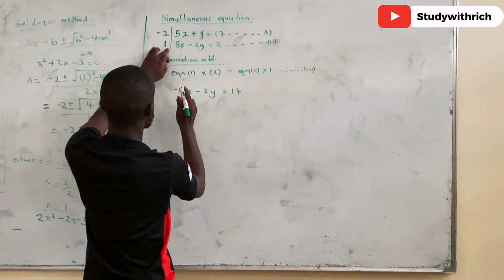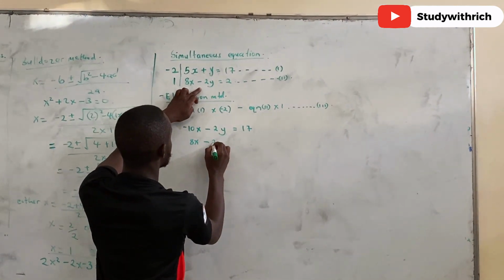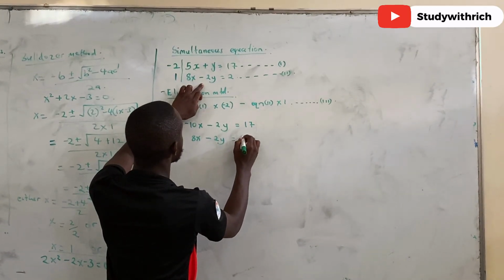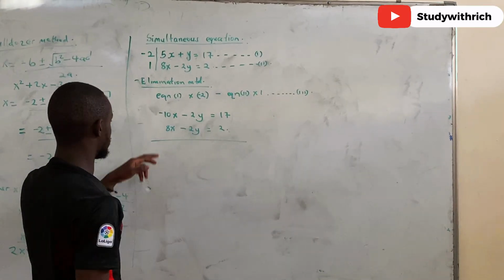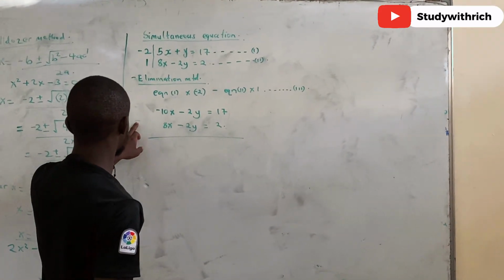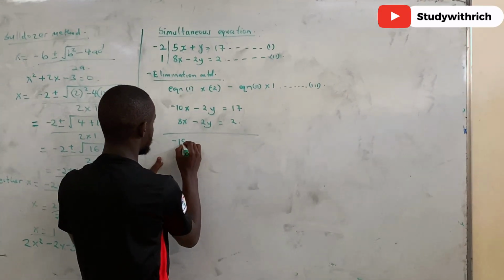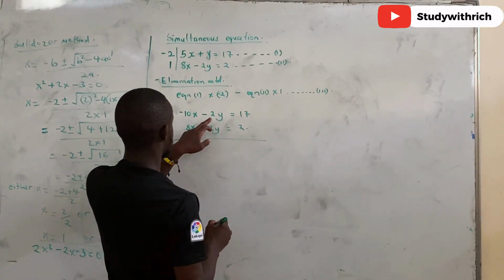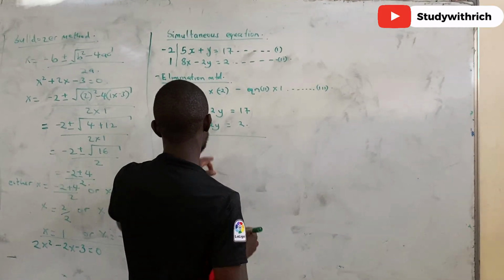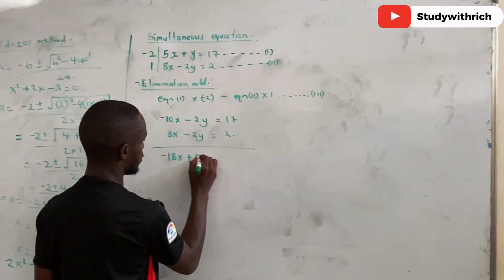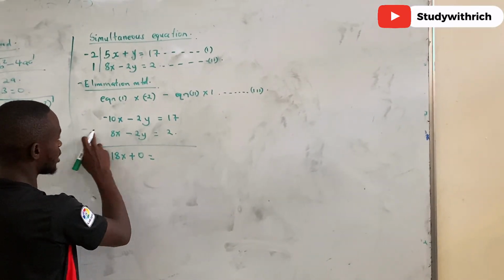Then this times 1 will be 8x minus 2y is equal to 2. When you subtract these two equations, negative 10x minus 8x will be negative 18x. Negative 2y minus negative 2y will be 0, and the right side will be 17 minus 2.